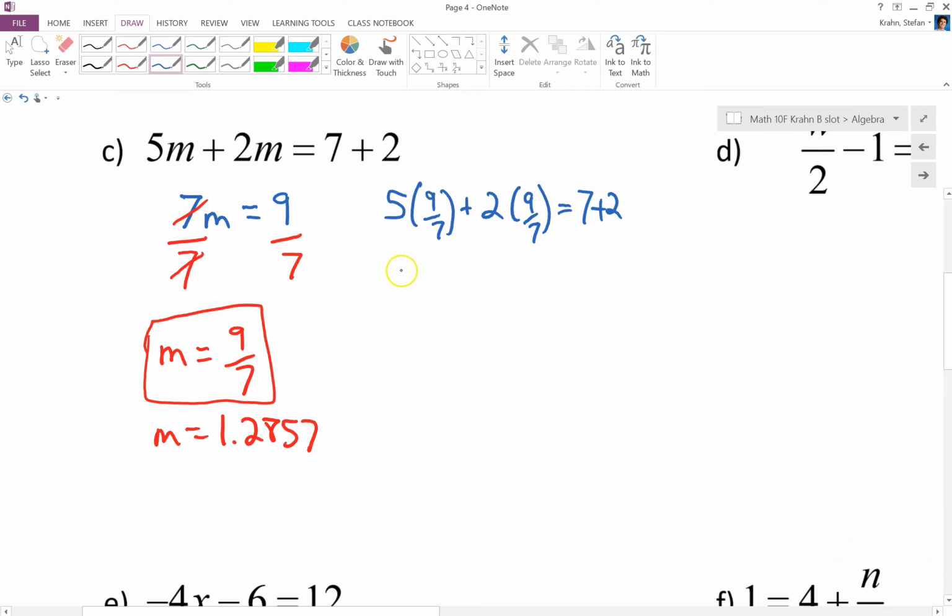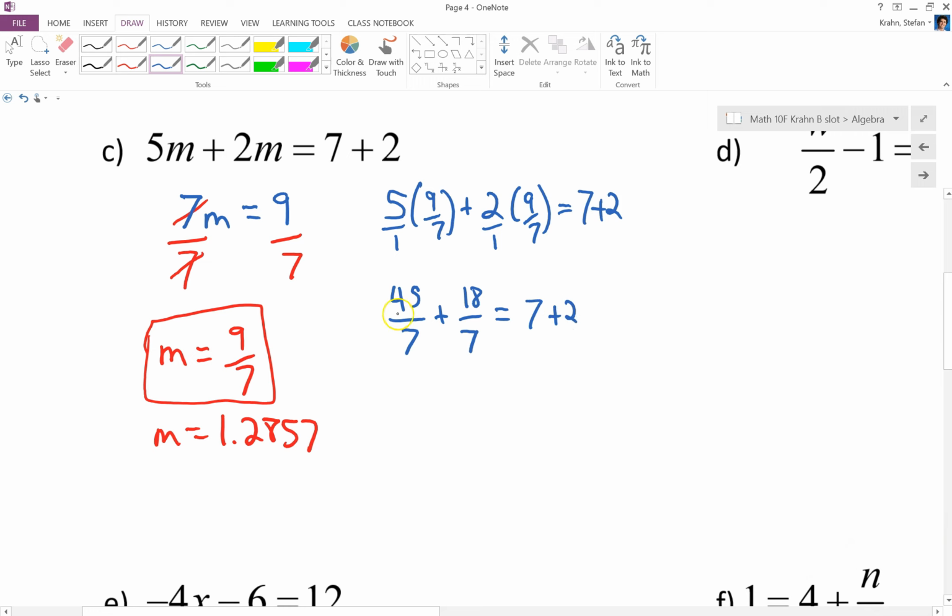Okay, now I have to remember how to multiply fractions. Well, 5 is actually 5 over 1, and 2 is 2 over 1, and then I just multiply my numerators, multiply my denominators. So 5 times 9 is 45/7, because 1 times 7 is just 7, plus 18/7 is equal to 7 plus 2.